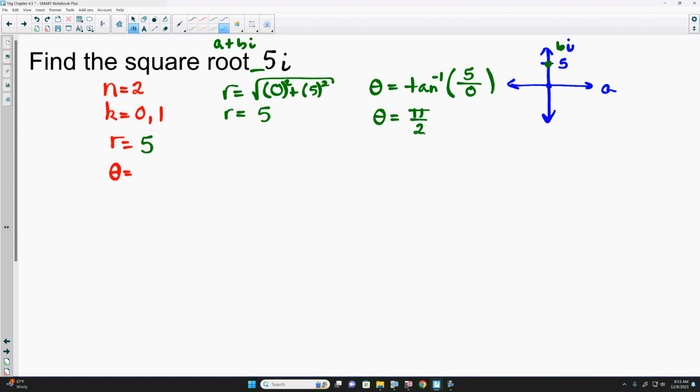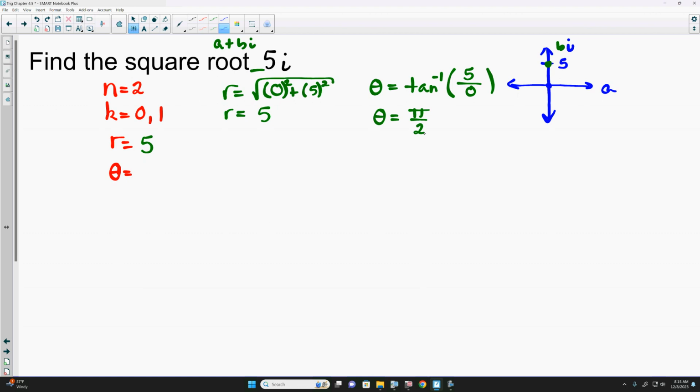So if we get this division by 0 because a is 0, our angle is going to be one of two things. It's either going to be pi over 2 or straight down at 3 pi over 2, either 90 degrees or 270. Those are the main two that we're going to look at.